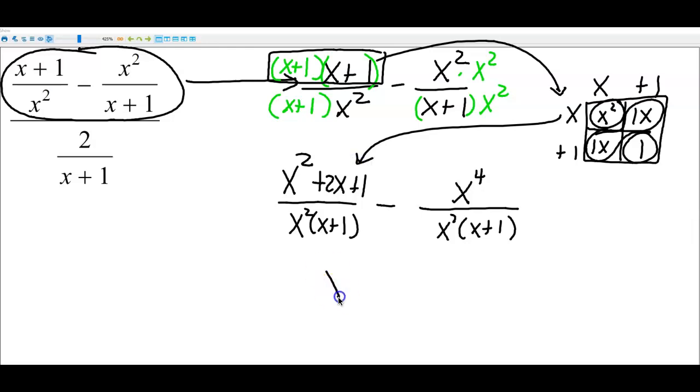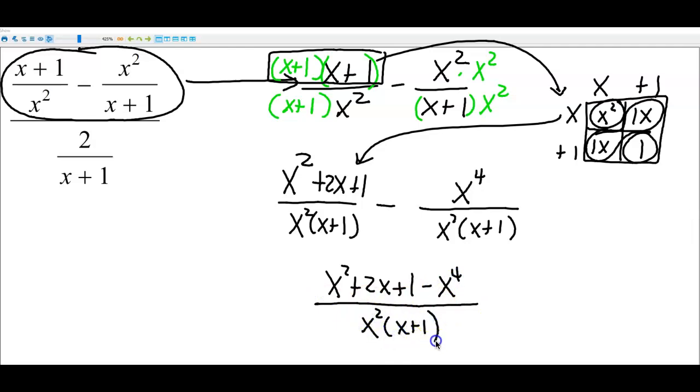We could put these together now into one fraction. There's no like terms to combine. And now I've simplified the top. The top is now this.